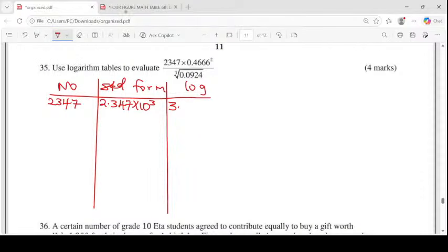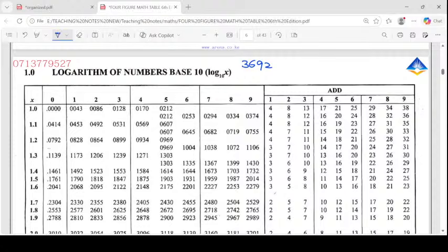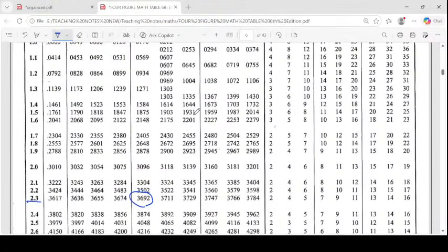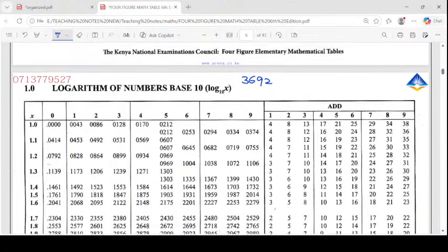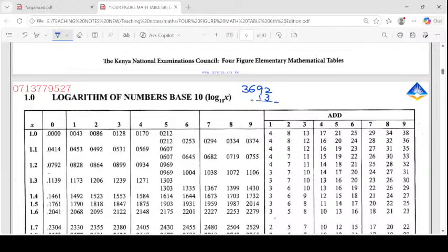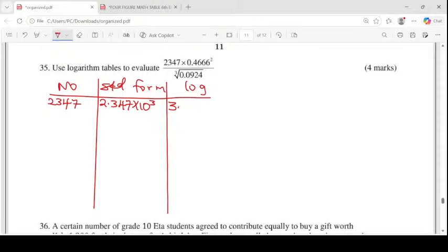After 4, you go to 7. Along the same row to 7, it is 13. Let us add that 13 here. This will be 3692 plus 13, so we are getting 3705.